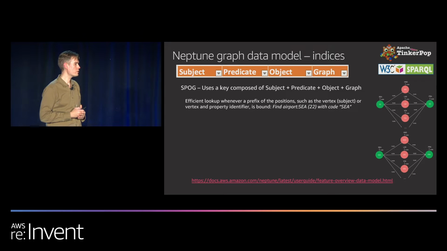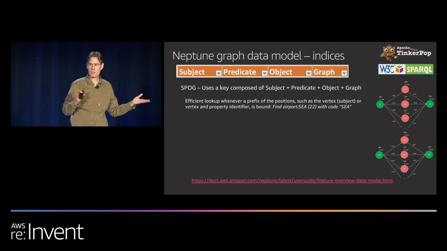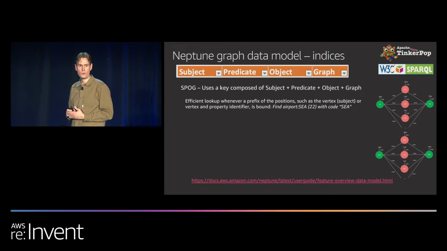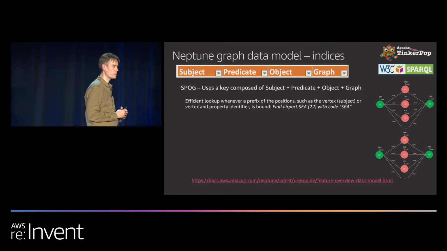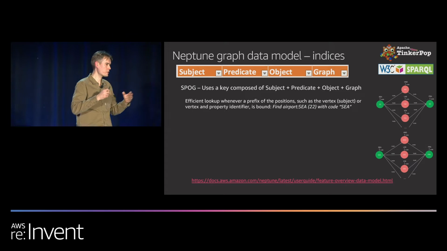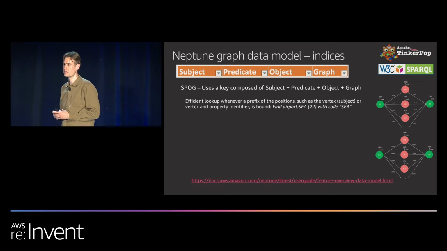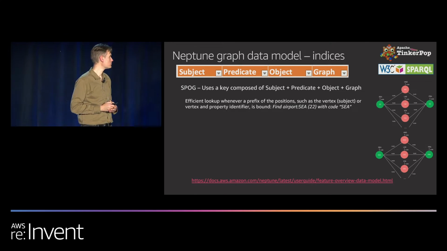The first is called the SPOG index, or the SPOG. This index uses a key of subject, predicate, object, and graph. And so when you ask questions or queries that start with a subject and a predicate bound, you effectively get an index lookup against the database. Find me all the airports from Seattle, for example.